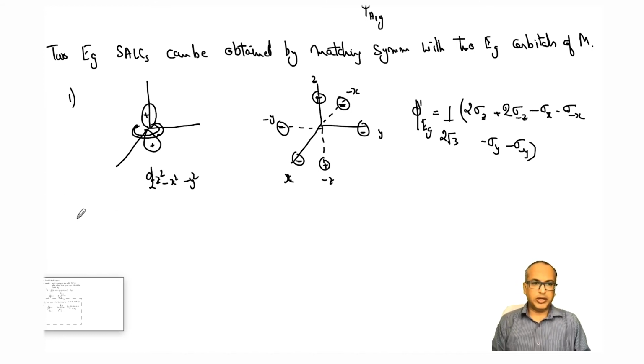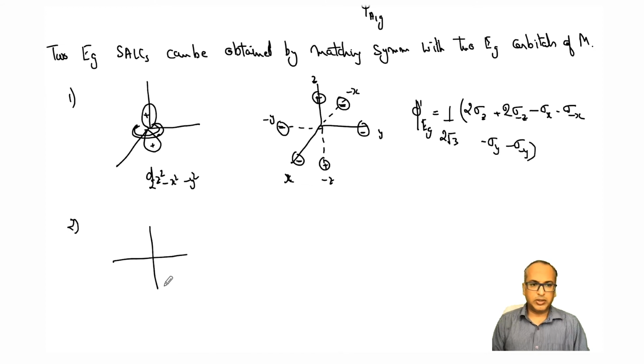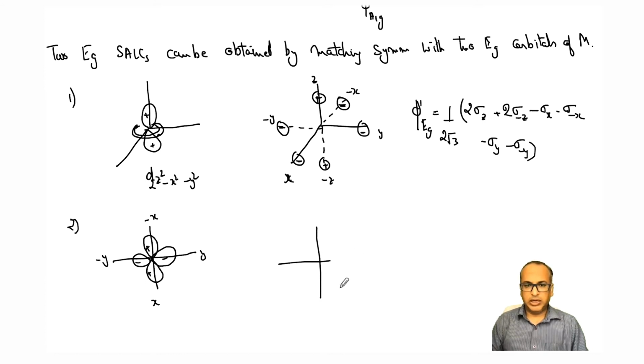Okay. So now the second EG is dx square minus y square. Here we don't have to consider the z axis. So we have plus plus minus minus, and the SALCs will also be like this.